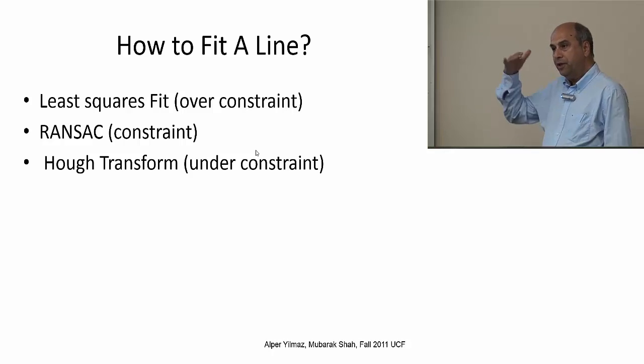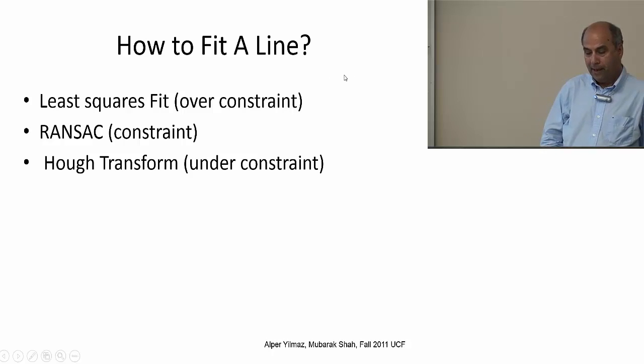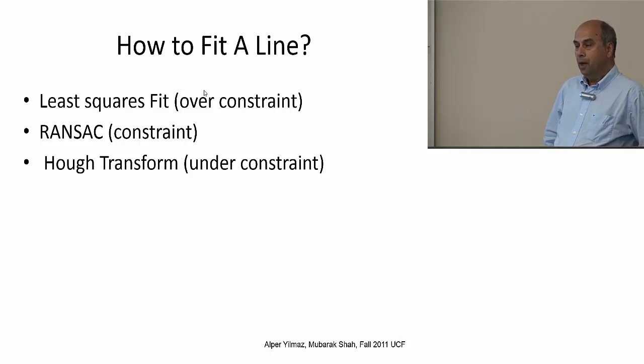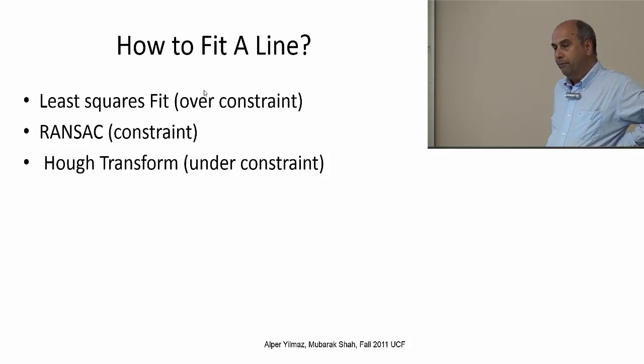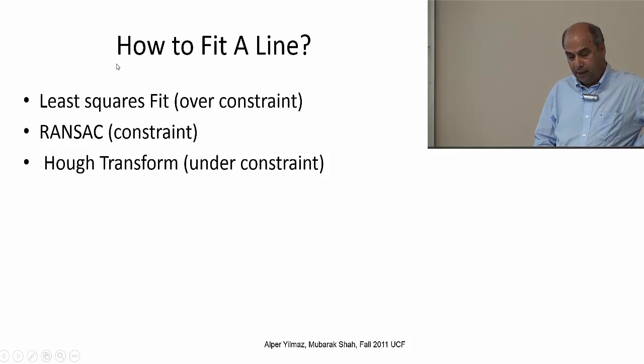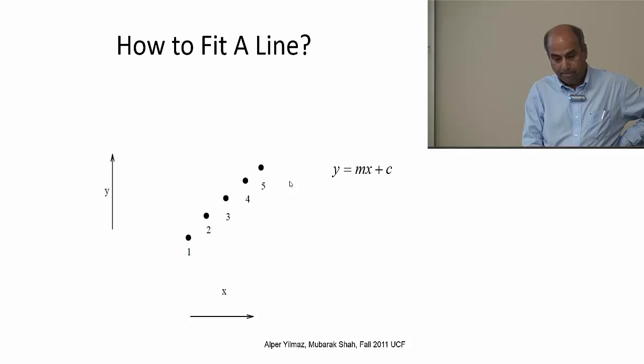So we have these three levels: under constraint, an equal number of constraints and unknowns, and over constraint. All these three are very important methods which we will be using in computer vision. We already talked a lot about this one. We're going to talk about this today, and this one we'll talk about later. There's a whole lecture on the Hough transform. We'll talk about that. Okay.